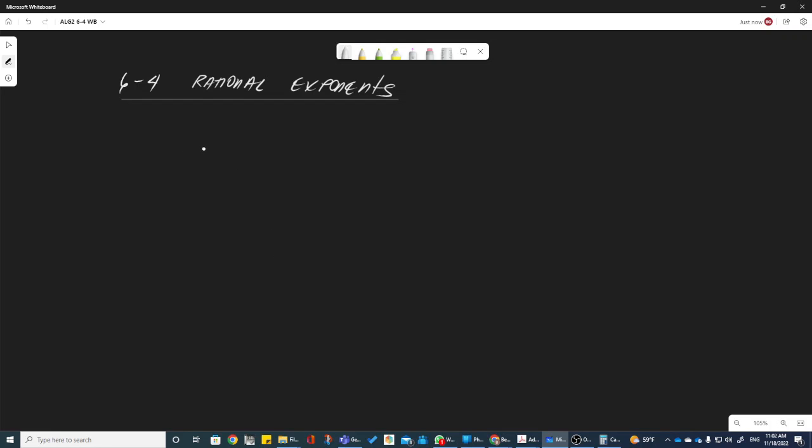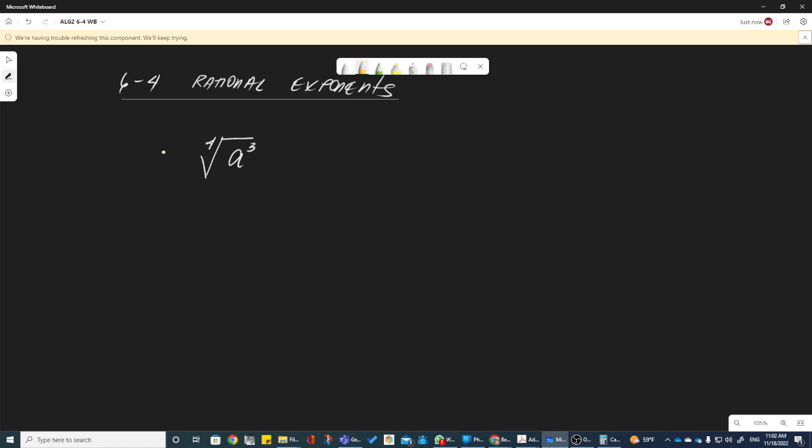If you have a radical like this, and it has a radicand with an index inside. Let's just go over this part real quick. This part is called the index. Okay, and of course this is a radical expression, radical symbol.